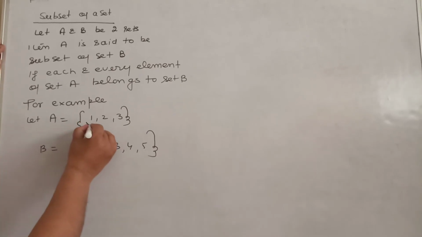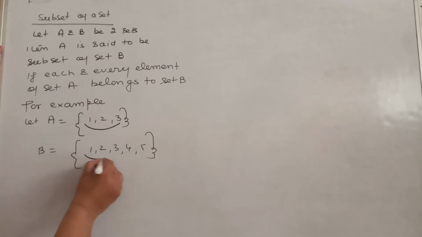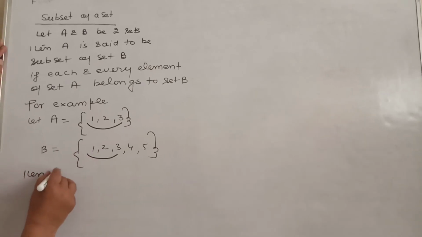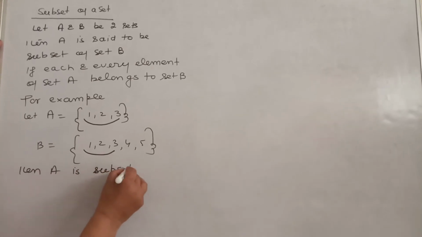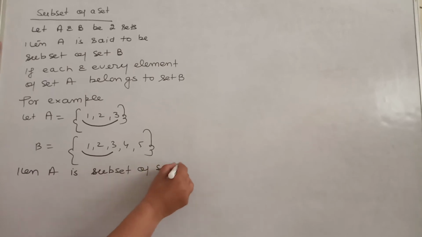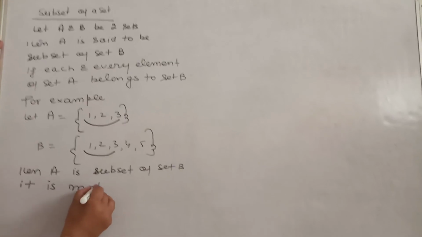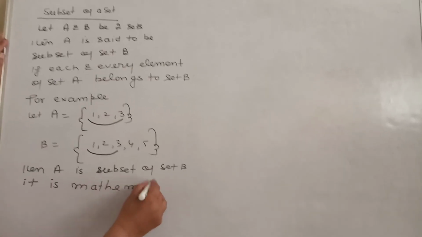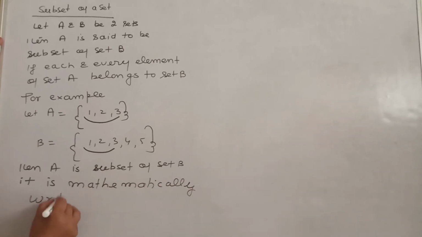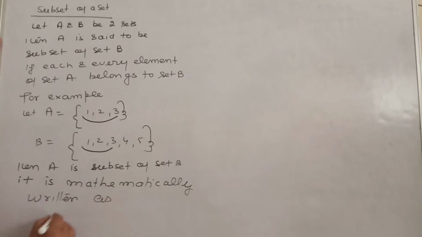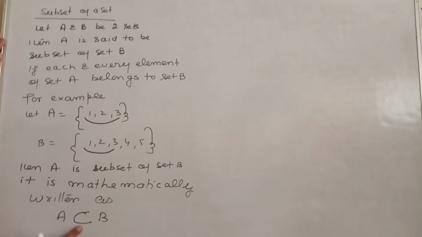As each and every element of set A belongs to set B, A is a subset of set B. It is mathematically written as A ⊂ B. This is the symbol of subset.